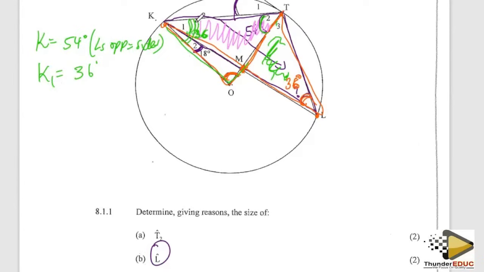Just K1. If there's a 36 here, then there's a 36 here. Then I can see that this is common. Then my question is, what is this angle here?